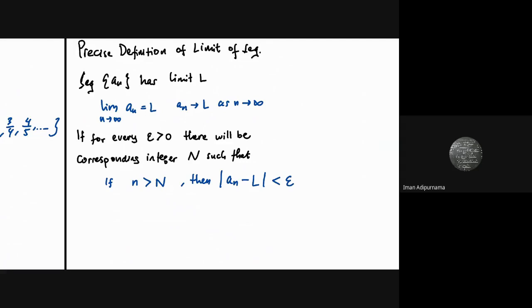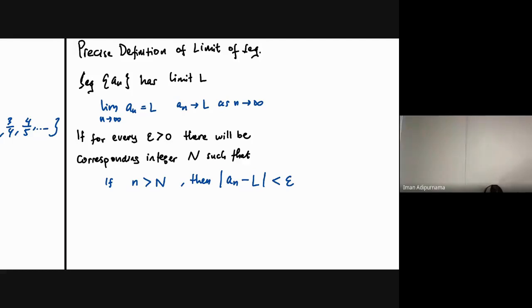Maybe if the wall is 1 meter away, we can go 0.9999999. And how about 0.00001? Probably the smallest thing that you can think of. So the precise definition of limit, like in Calculus 1, is trying to define the smallest thing that we can think of, and that is the epsilon.